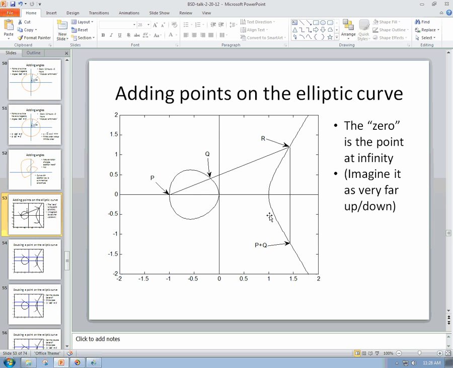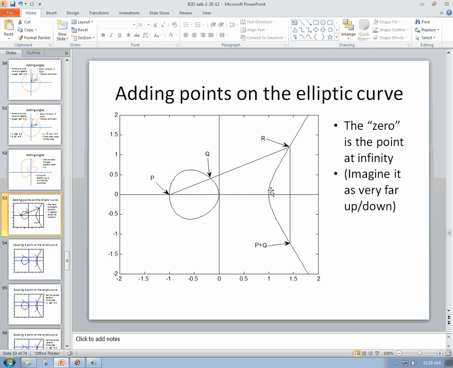Now, any kind of addition, if it's going to be any kind of decent addition, it should have a 0. Well, it turns out that's the point at infinity. Remember that this picture is only suggestive because there's a few things we have to do. Really, we have to think about complex numbers, and I'll talk about what the picture is. It's a very surprising picture when you actually use complex numbers. And you also have to think about if there's any points at infinity.